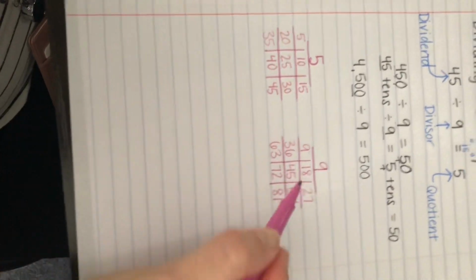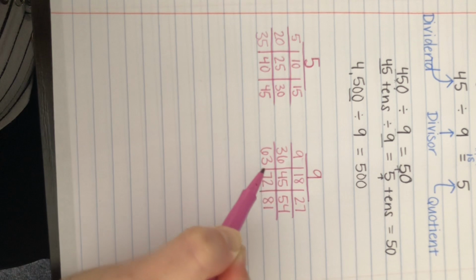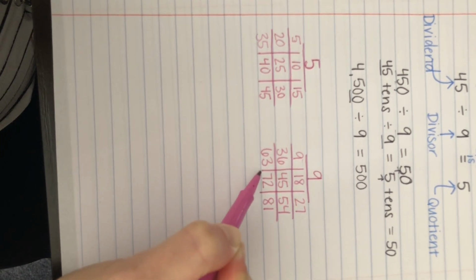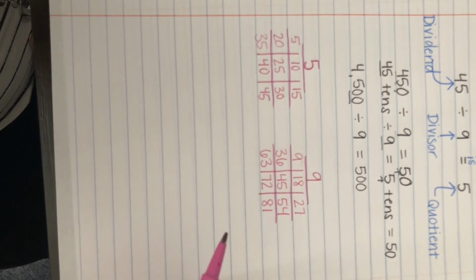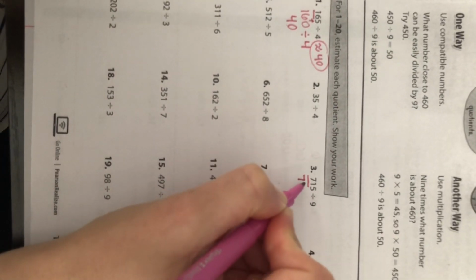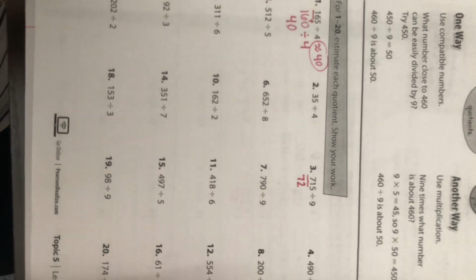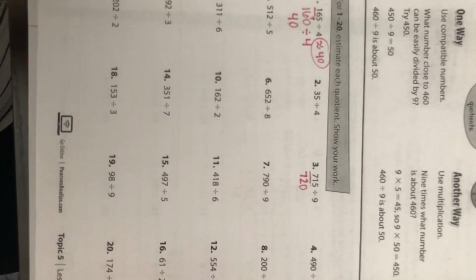So if we now look for 71, 71 goes right in between this 63 and this 72. Is it closer to 63 or is it closer to 72? Since it's closer to 72, that's going to be the compatible multiple that we will pick to use. So we'll change that 71 to a 72, and then that 5 we don't need, we're going to make that into a 0.